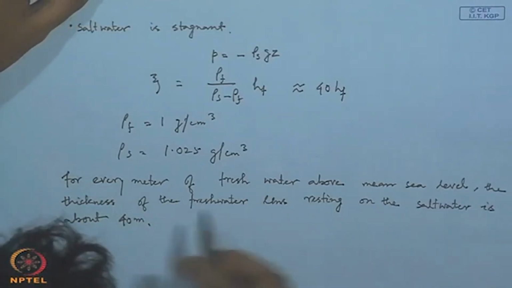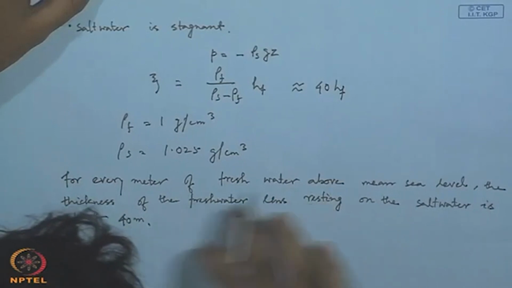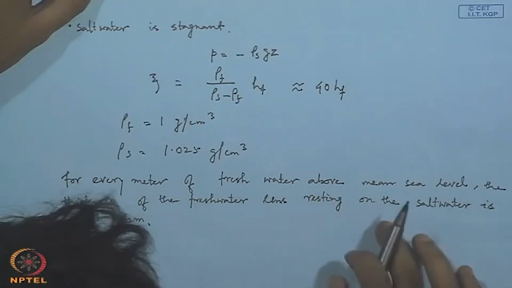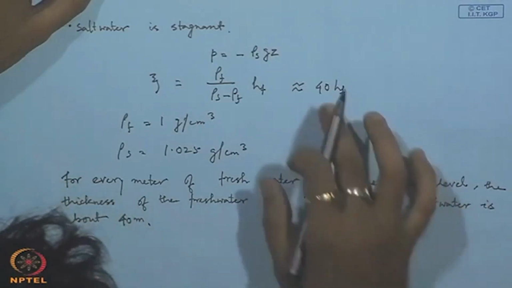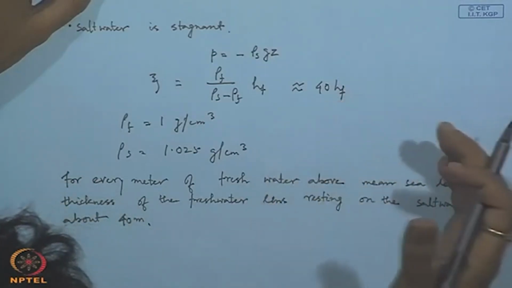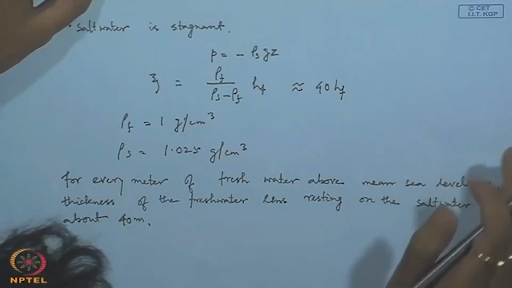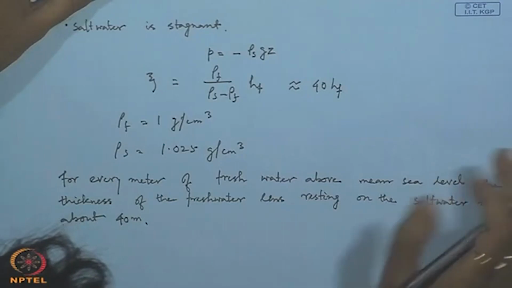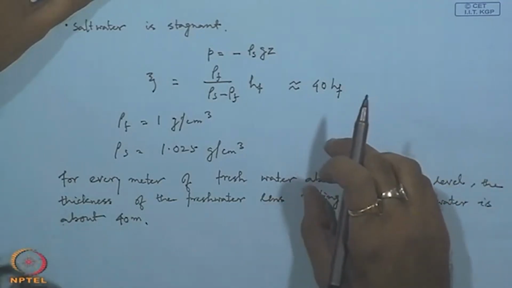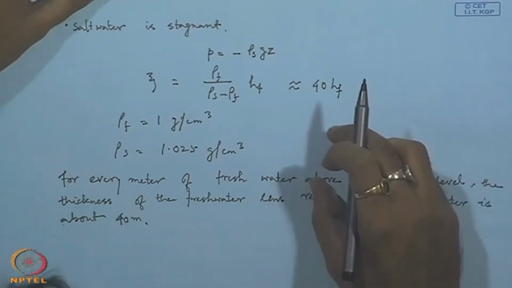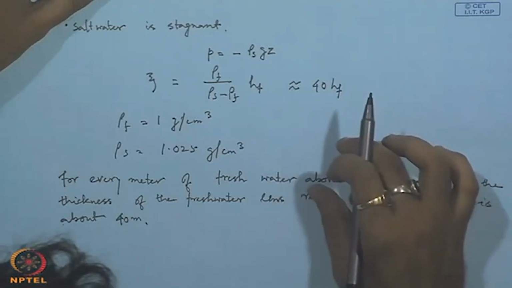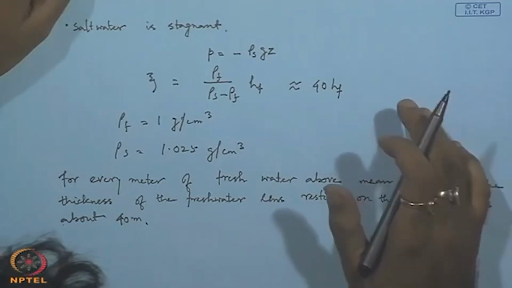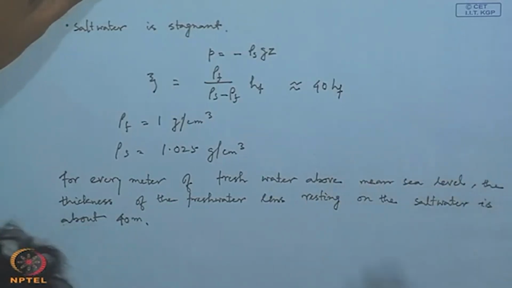So, we can see that for every meter of fresh water above mean sea level, the thickness of fresh water lens resting on salt water is about 40 meters. And for this Ghyben-Herzberg principle, it is mandatory that you should have some depth above mean sea level, otherwise there will be reversal of flow from this region.